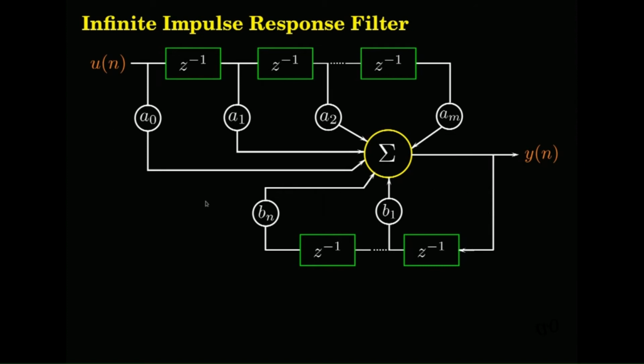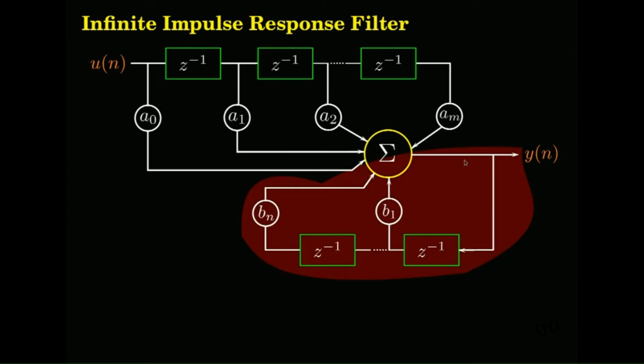So this is a new part here, the feedback part. Now that makes it a more general filter which can handle all these systems. So here also we can plot the output response with respect to one impulse of value unity at time t equal to 0 and see what happens.